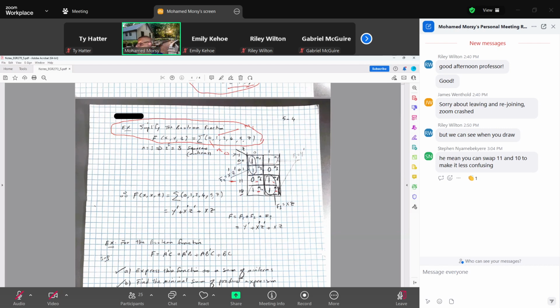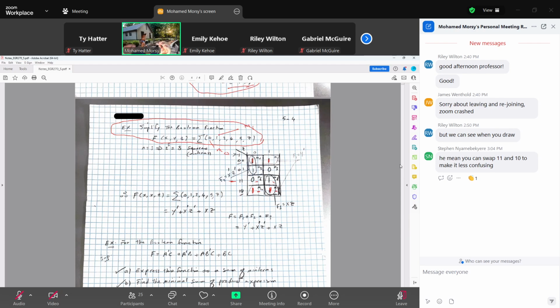Yes, exactly as Emily mentioned. What happens here? You see these two ones here, this one and this one, and this one and this one. These ones are at the edges. So assume you have the paper like this, okay?